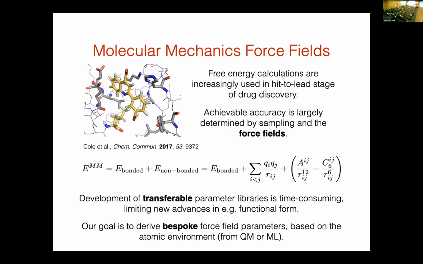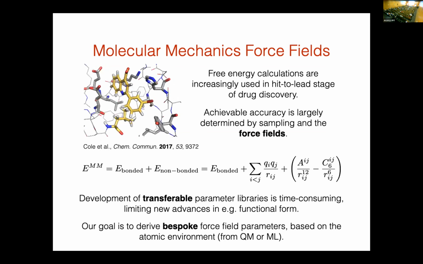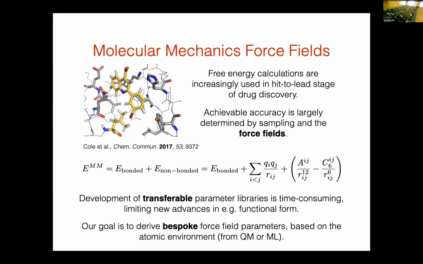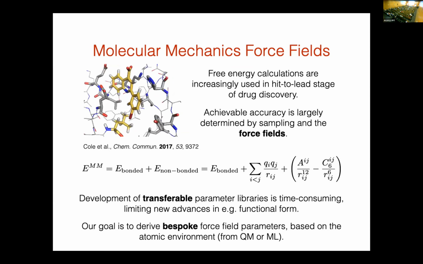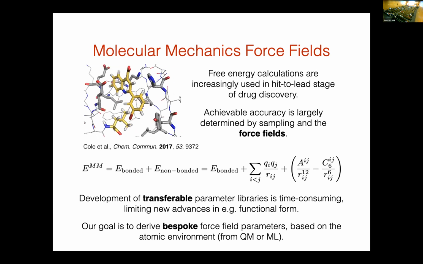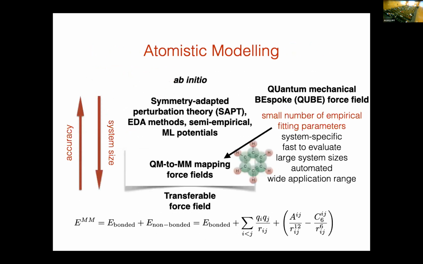So we don't need to make this transferable parameter assumption. And we're going to get as many of these force field parameters as possible from the atomic environment. Traditionally, we've been getting it from quantum mechanics, but towards the end of my talk, I'll talk about how we're now getting these from machine learning to increase the speed of that parameterization process.